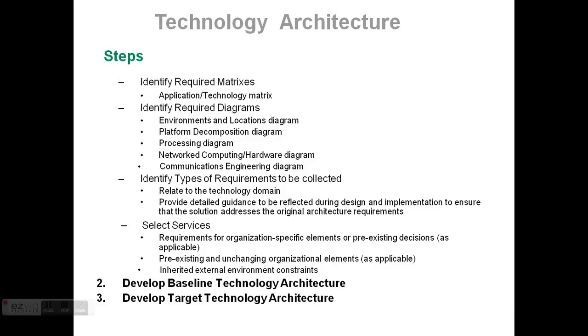Right, next is step 3, and we need to develop the target technology architecture. This is where we are saying, okay, this is where we're going in terms of our infrastructure.